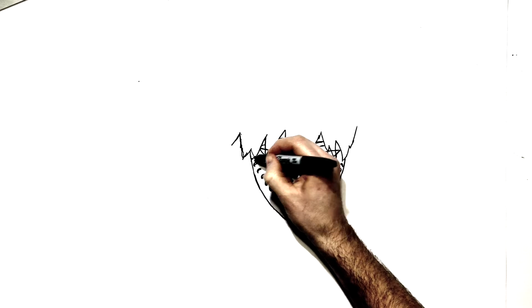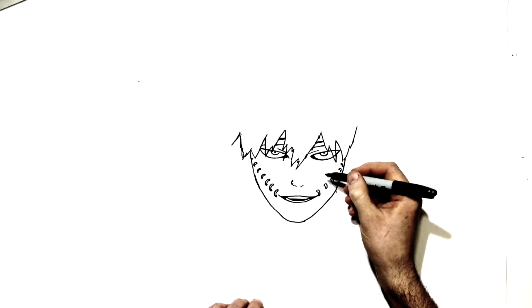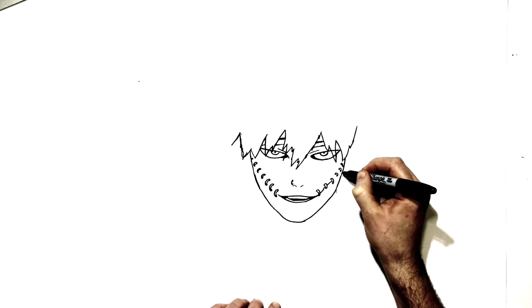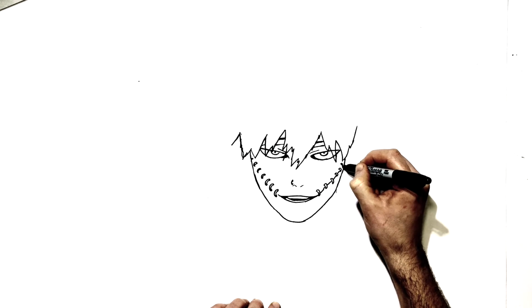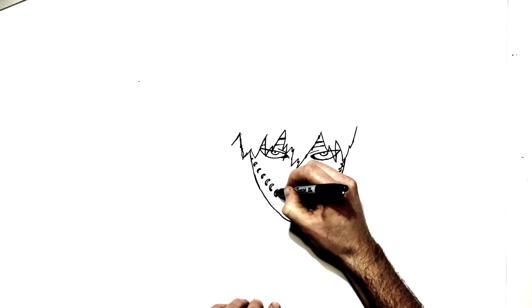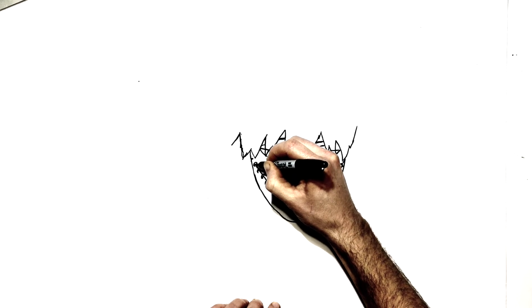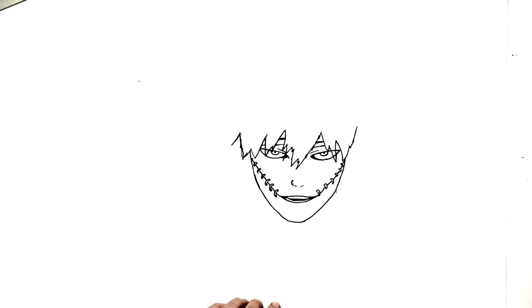One more here, I think. Right, so then in between there, we can start adding that weird bumpy sort of line for the bottom half of his face. Just like that.